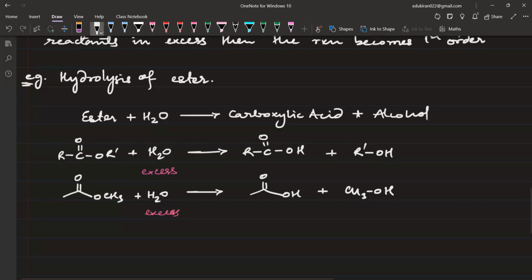Therefore, the rate law expression, the rate इसका क्या होता है? Rate is equal to K into the concentration of ester only. Water को हम लोग नहीं consider करते हैं. Please write this down.